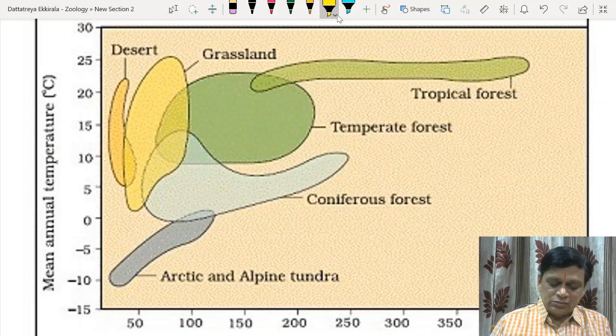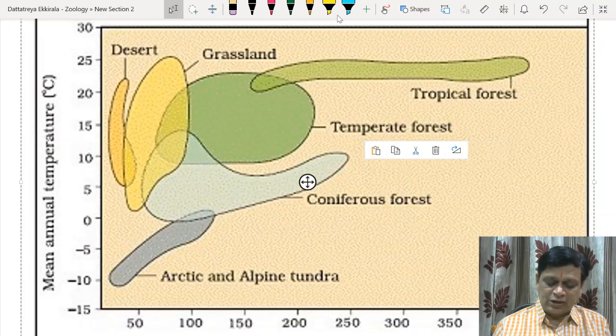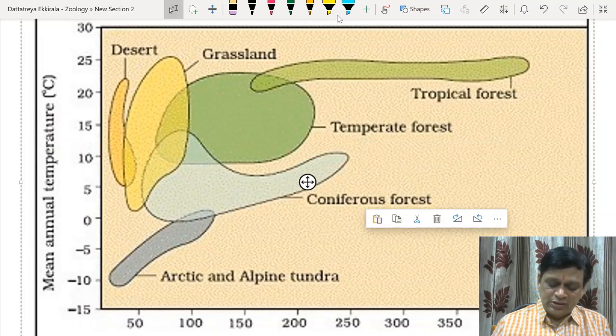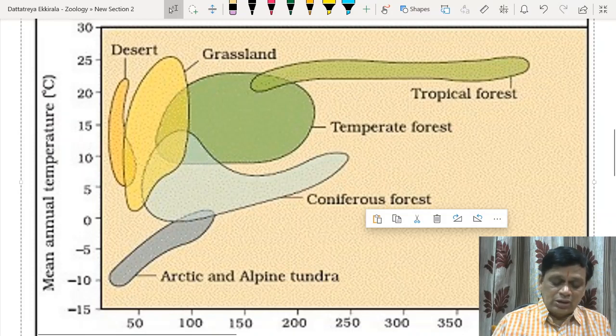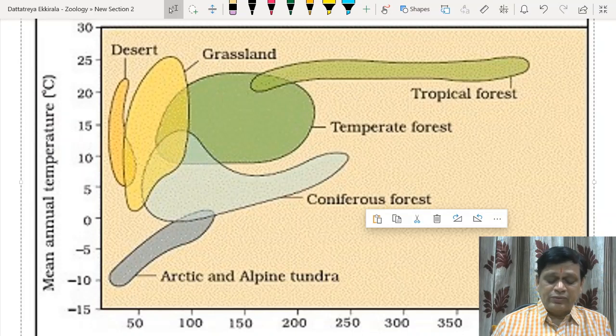Temperature, if you say average temperature itself is around 20, minimum 20, for tropical forest. So right, then next temperature, grassland and desert we observe, because we cannot simply arrange them based on temperature. But what is the speciality of each biome that we see?